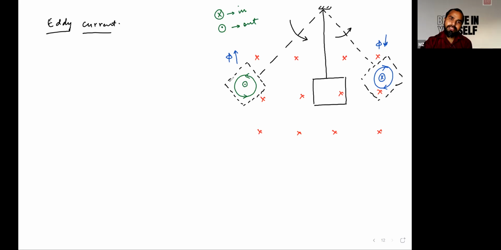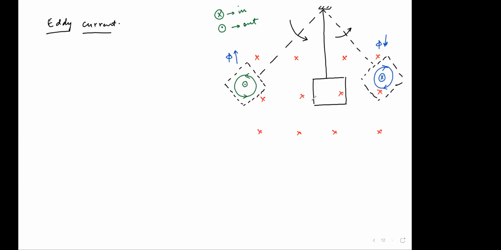So since this current is circular, we call this current eddy current. Why is this current generated? This is due to the changing of magnetic flux, since the metallic plate is oscillating in a uniform external magnetic field. Is it clear? Yes, sir.